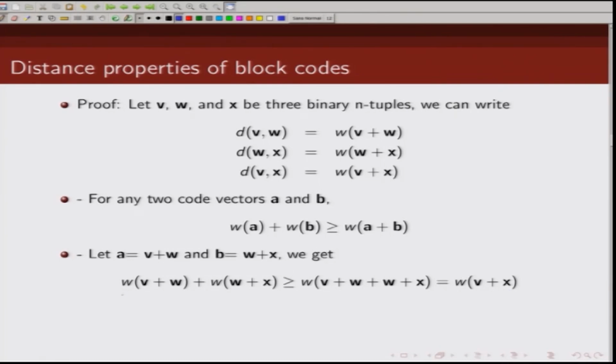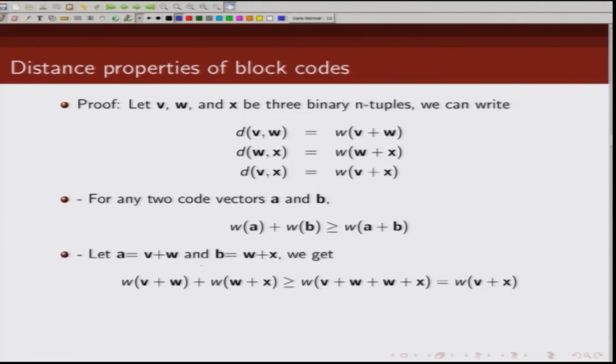So, what we have shown is weight of v plus w plus weight of w plus x is greater than or equal to Hamming weight of v plus x. And weight of v plus w is nothing but the Hamming distance between v and w.